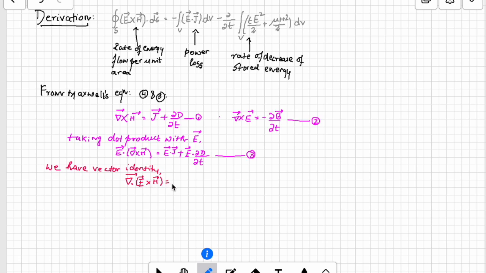or we can say that we are taking the divergence of the cross product of any two vectors, I can write it as the second vector dot product curl of the first vector, minus first vector dot product curl of the second vector.